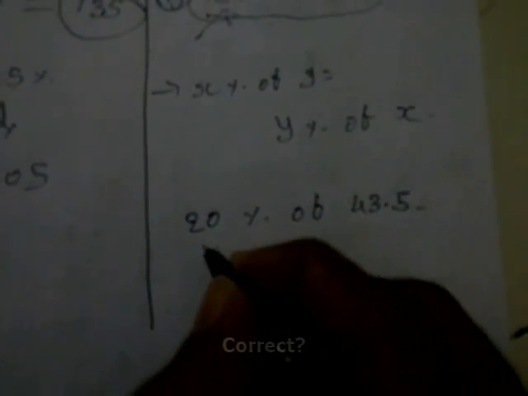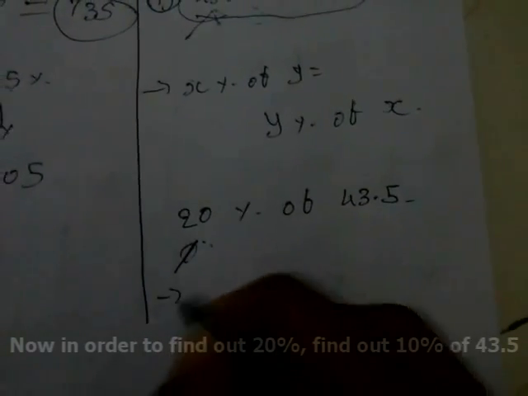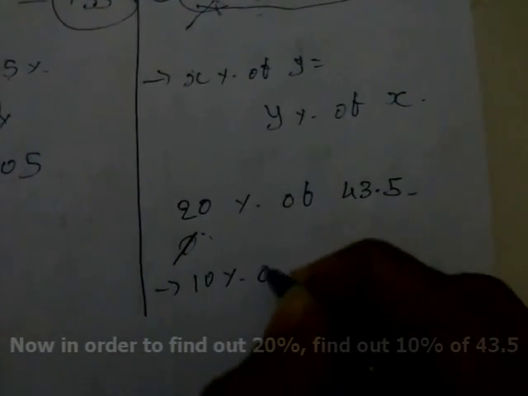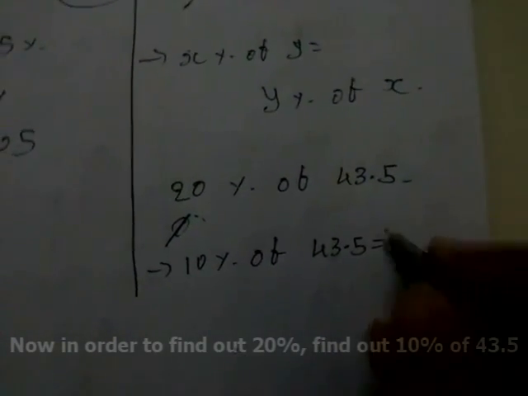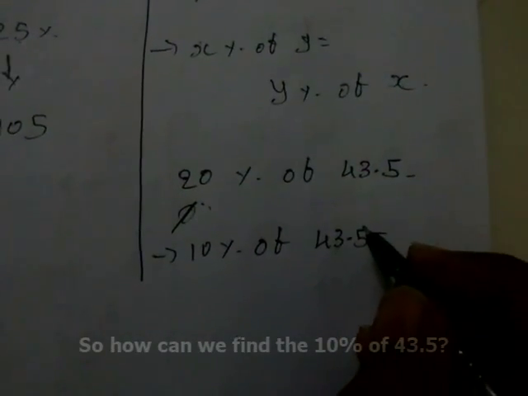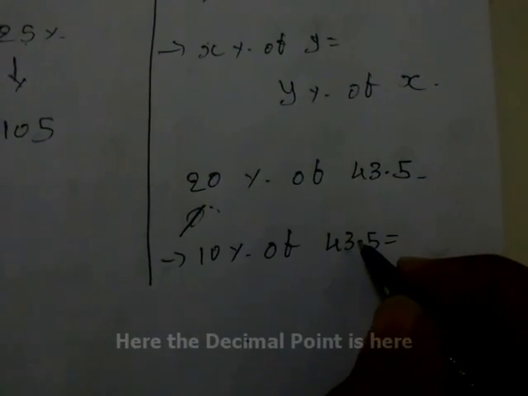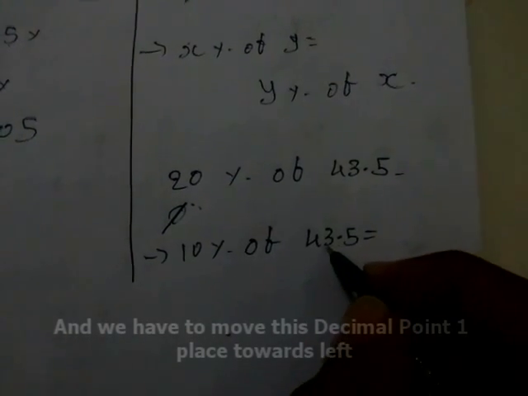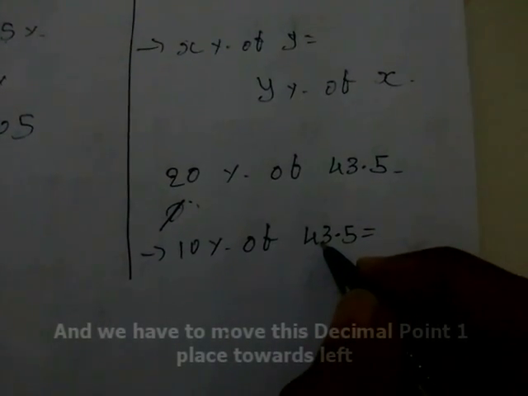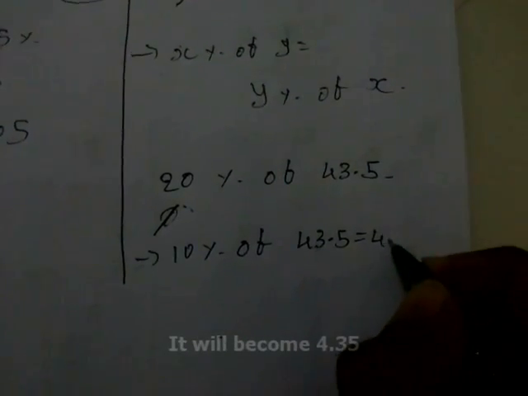Correct? Yes. Now just in order to find out 20%, just find out the 10% of 43.5. So how can we find 10%? By moving the decimal point. Here the decimal point is here, and we have to move this decimal point one place towards left.